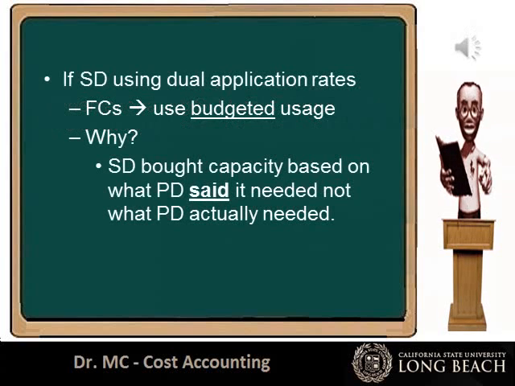When allocating fixed costs, the support department should use the budgeted cost driver, not the actual cost driver. Fixed costs represent the cost to acquire and maintain the support department's capacity that it needs to do its job. That capacity is based on budgets, not actual usage, and its cost should be allocated based on budgeted usage.